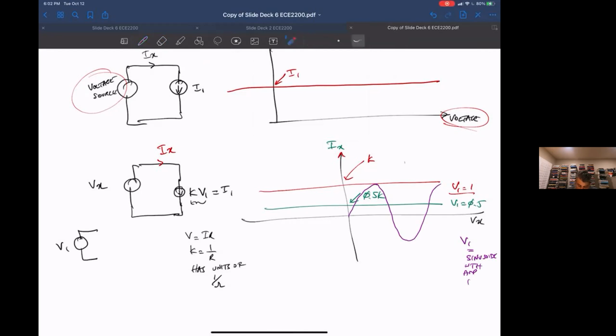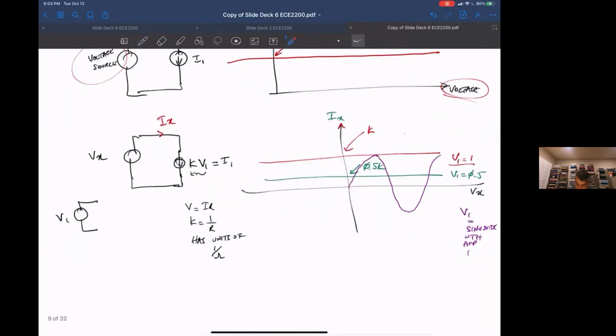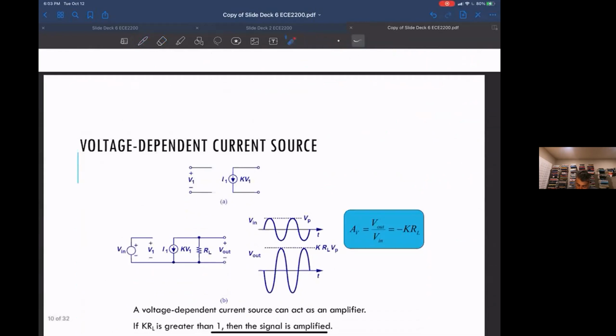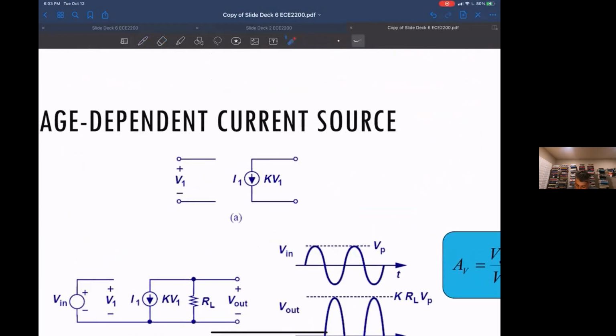So it's a voltage dependent current source, K V sub 1, but it's not dependent on the voltage across it. It's dependent on some other voltage sitting somewhere else. So I could put a voltage source here, for example, but this voltage dependent current source wouldn't care.